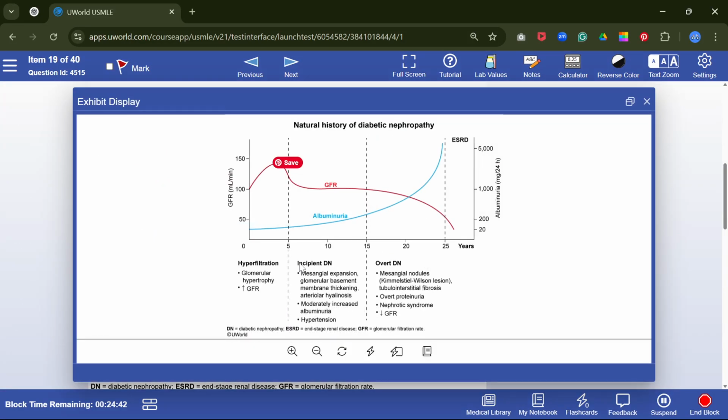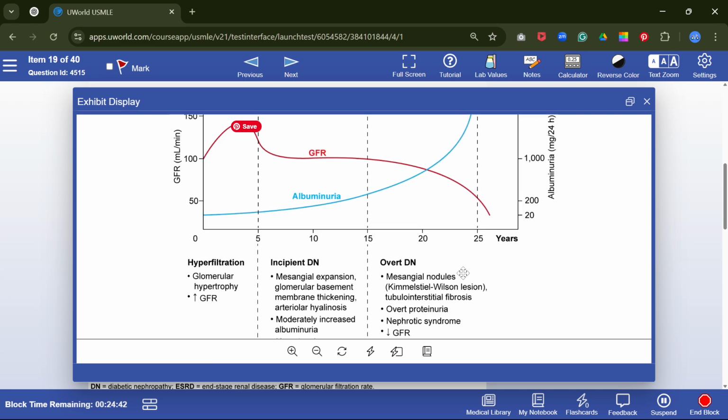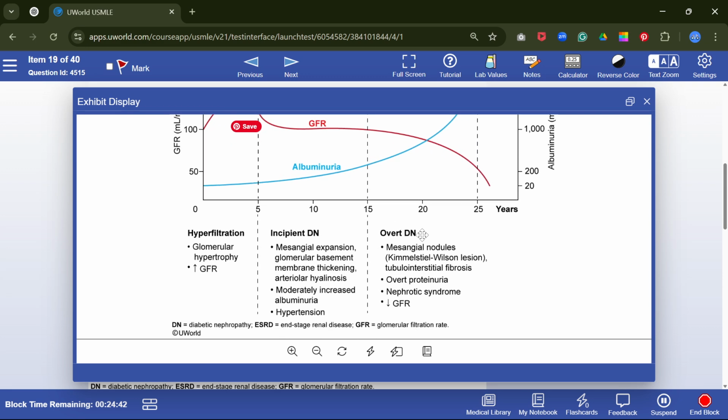In the natural history of diabetic nephropathy, there is hyperfiltration, there is incipient diabetic nephropathy, and there is overt diabetic nephropathy. Hyperfiltration means glomerular hypertrophy and increased GFR.